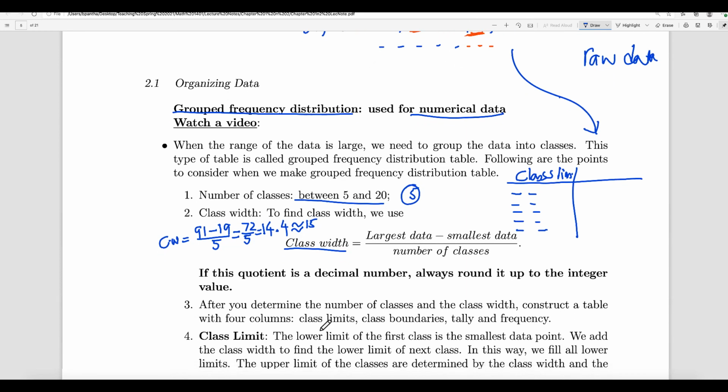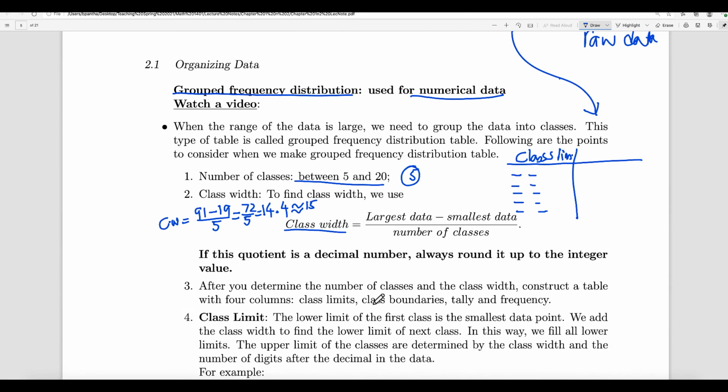Okay. Now, after you determine the number of classes and the class width, construct a table with 4 columns. The first column is class limit. The second column is class boundary, BDRY in short.